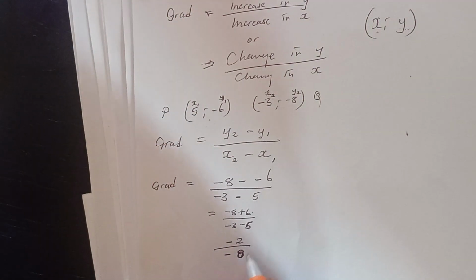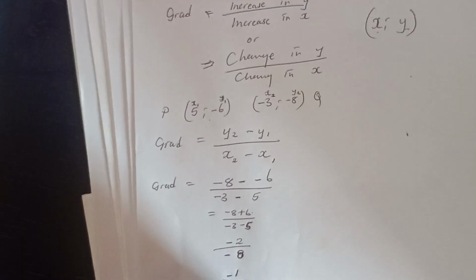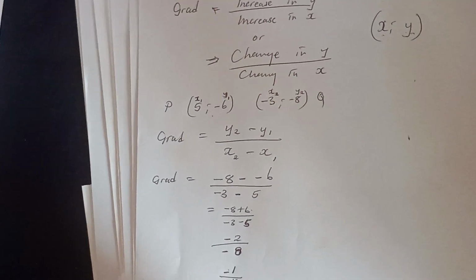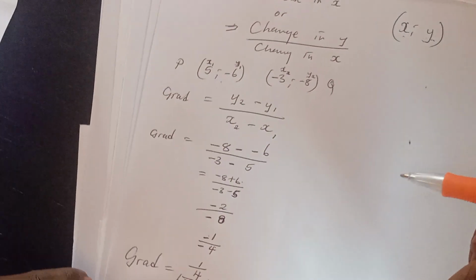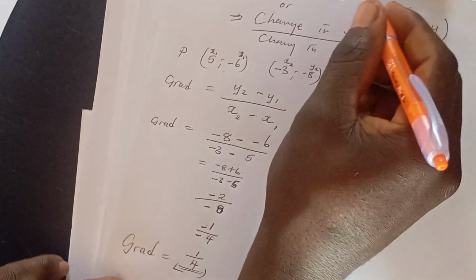By simplifying, we are going to have minus 1 over minus 4. The negatives cancel each other, so the answer is going to be 1 over 4. Right, so the gradient is equal to 1 over 4. Then we move on to part B.